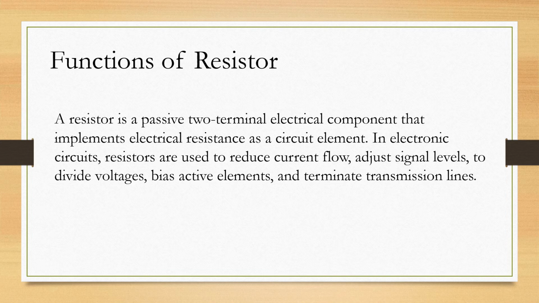In electronic circuits, resistors are used to reduce current flow, adjust signal levels, divide voltages, bias active elements, and terminate transmission lines. From the word resist, meaning to control, it controls whatever current will flow to your circuit.